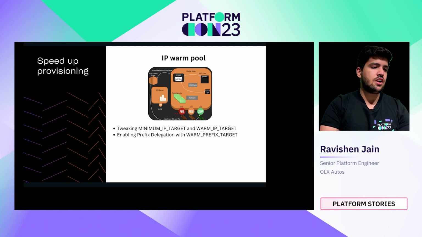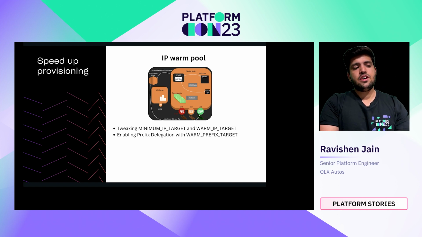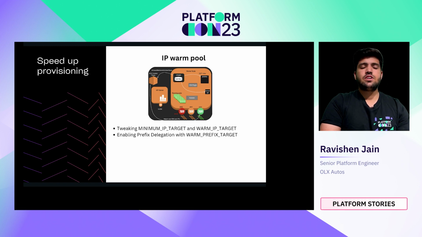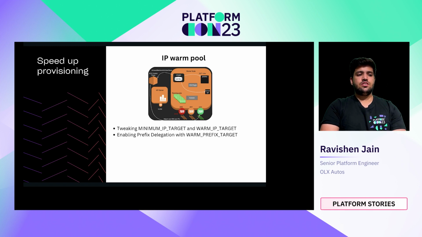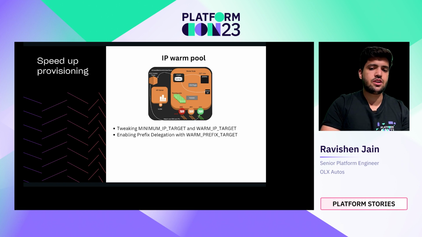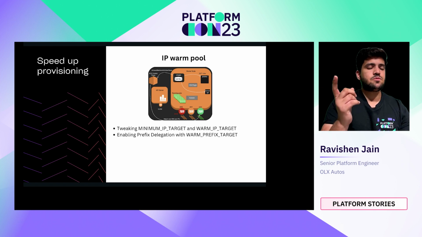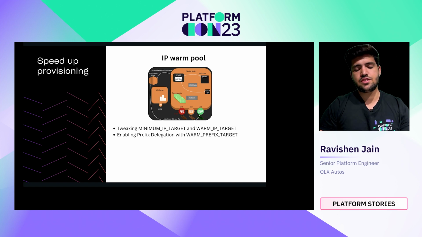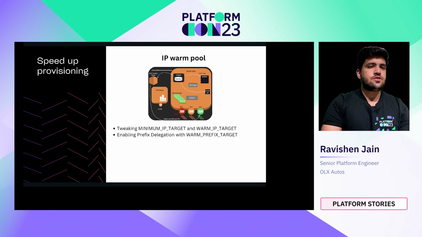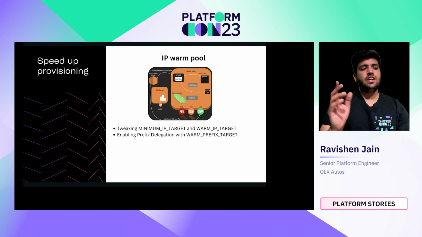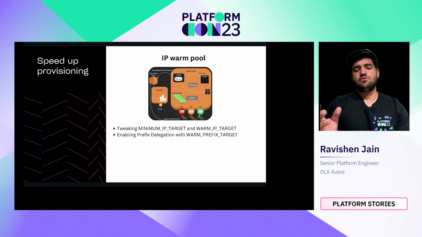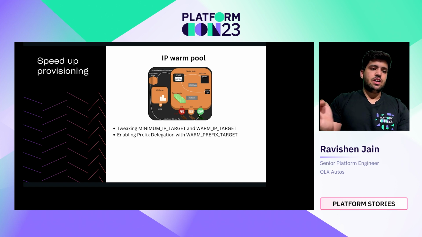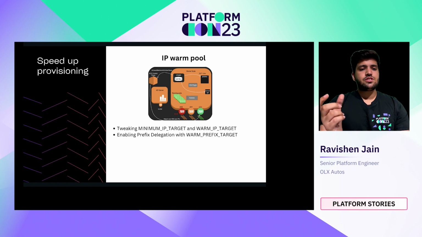Not recently, but AWS CNI now also supports prefix delegation. What they are offering is that every time a CNI is provisioned, that CNI will bring in a /28 subnet address along with it, which calculates to about 16 hosts. So by enabling this and maintaining a warm prefix, again, let's say of one, you would be maintaining a buffer of around 16 IPs.